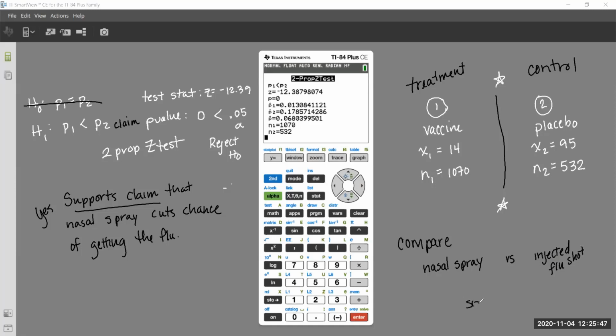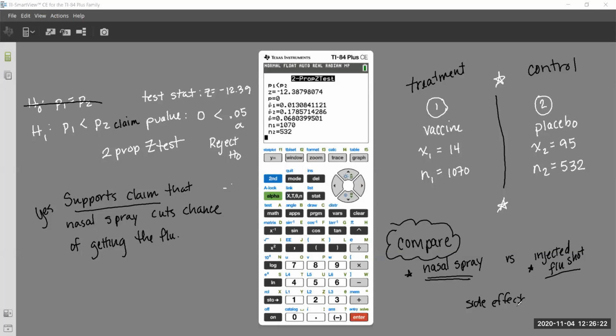Obviously, you would have to take into effect side effects and so forth. But from the standpoint of someone with younger children, the likelihood of getting a flu shot and the stress involved with getting a flu shot, the nasal spray might be an easier route to go. Again, there are studies out there that have compared, I'm sure, nasal spray versus the injected flu shot. That, though, would be telling, and that would be another extension of hypothesis testing.